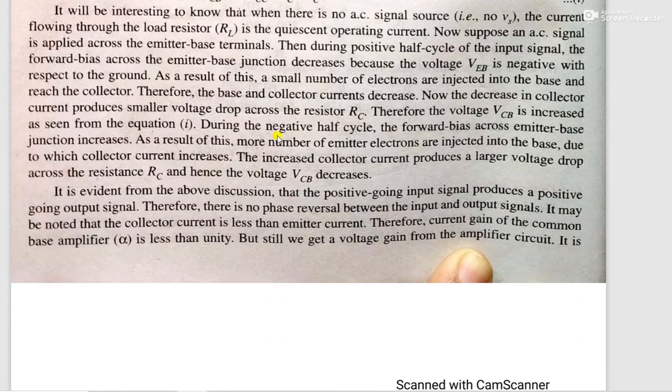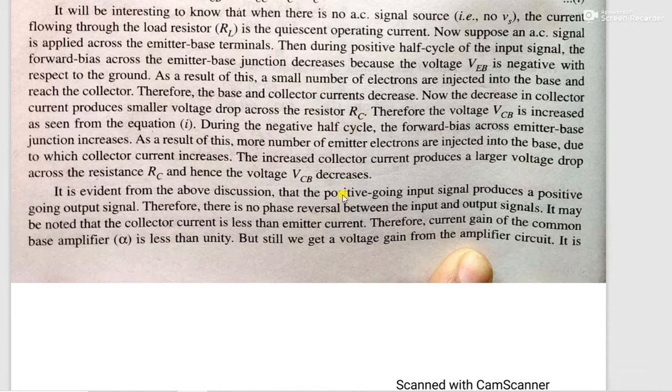That's why, during the negative half cycle, the forward bias across the emitter base junction increases. As a result, more emitter electrons are injected into the base, due to which collector current also increases. The increased collector current produces a larger voltage drop across the resistance RC, and hence the voltage VCB decreases.